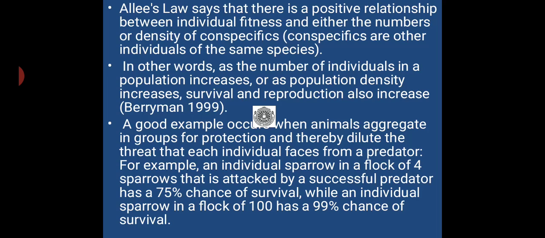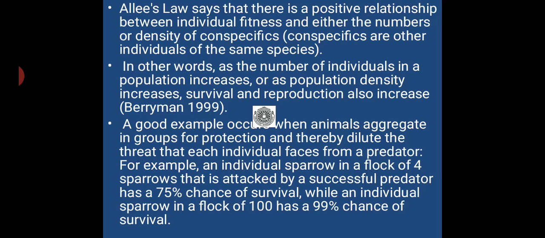Coming to some principles related to population size, the first one being Allee's law. Allee's law says that there is a positive relationship between individual fitness and either the numbers or density of conspecifics. Conspecifics are other individuals of the same species.